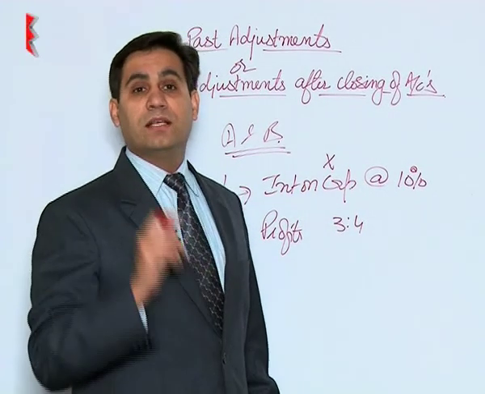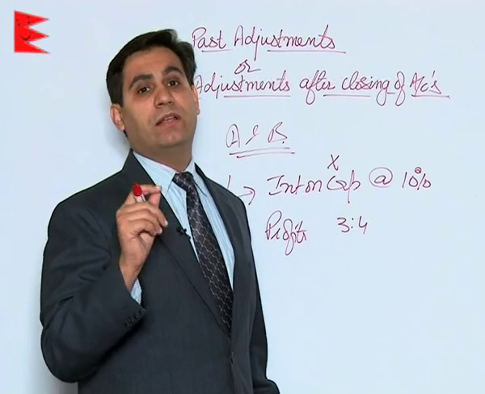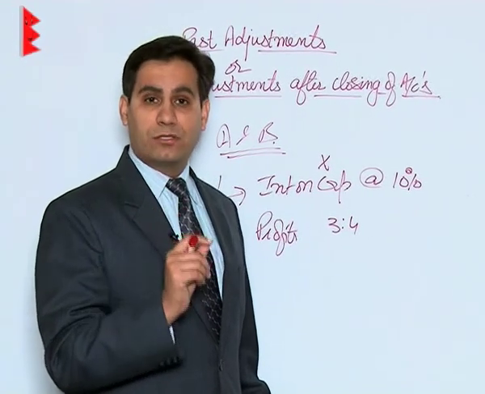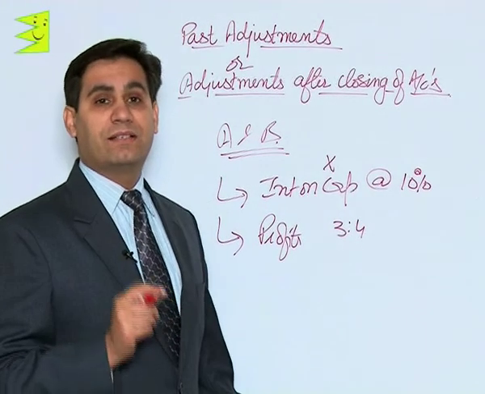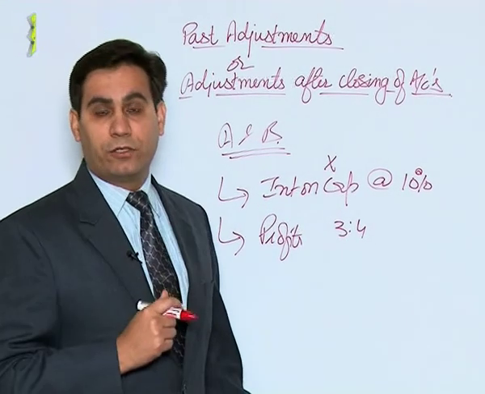So what has happened is that some partners might have received less than what they had actually anticipated or were entitled to, and some partners would have received more than what they were entitled to.